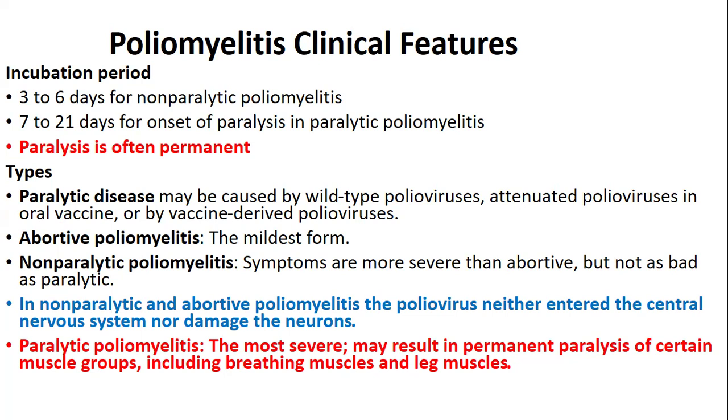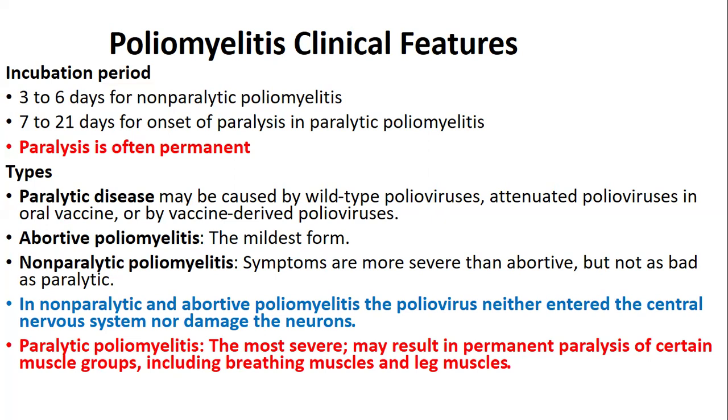So the same oral vaccines that we administer, if administered on lowered immunity, or if there is anything wrong, can actually cause active poliovirus, which is paralytic in nature most of the time. Abortive poliomyelitis is the mildest form of polio, and non-paralytic poliomyelitis symptoms are more severe than abortive poliomyelitis, but not as bad as paralytic.